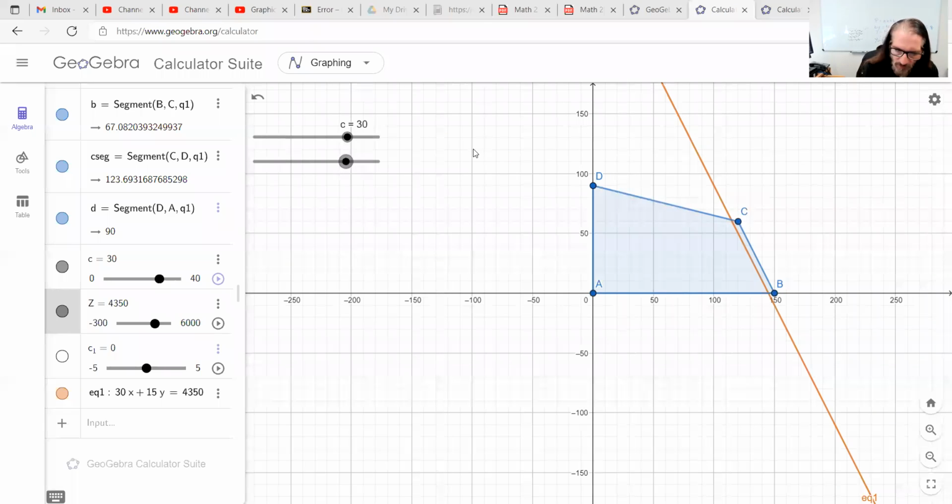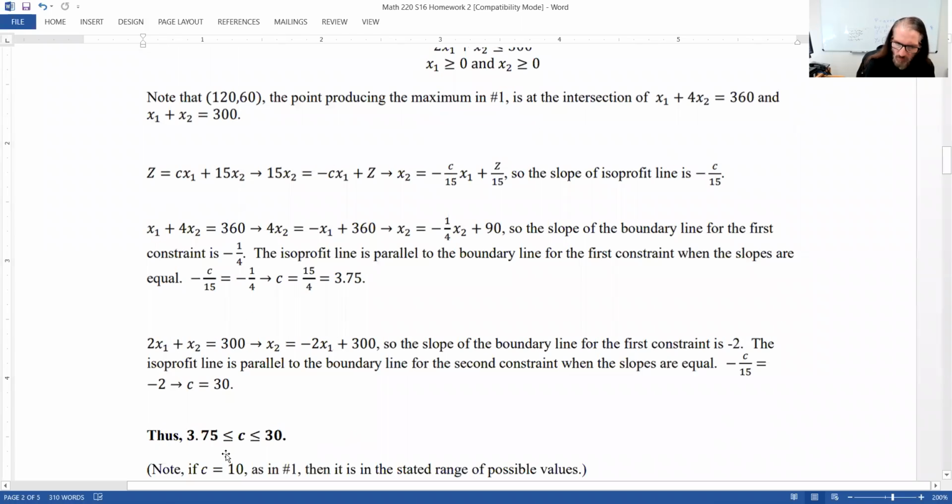Then what that's telling us is that c has to be between 3.75 and 30. It can be exactly equal to either one of those, because for a particular value of Z, the line would meet up with the segment connecting both our original point and the other endpoint of that segment. So our value of 10 that we originally had for the coefficient of x sub 1, or just x, is in between these two values.